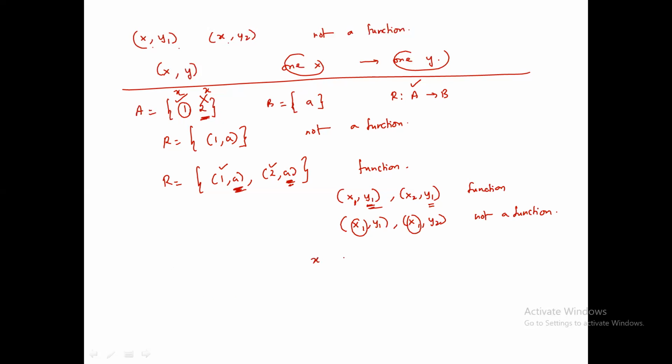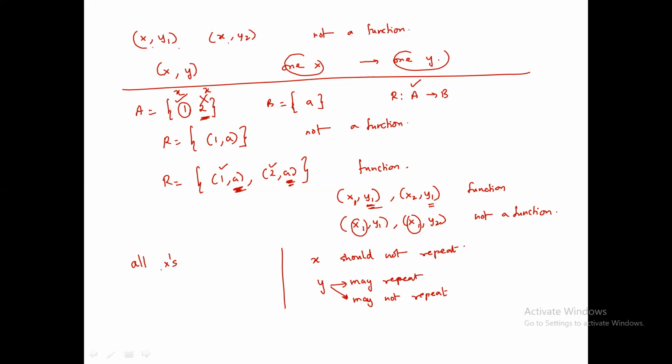You have to see x should not repeat. Y, it may repeat or it may not repeat. No rule for y. The rule is only for x. In the same way, what is the other rule?